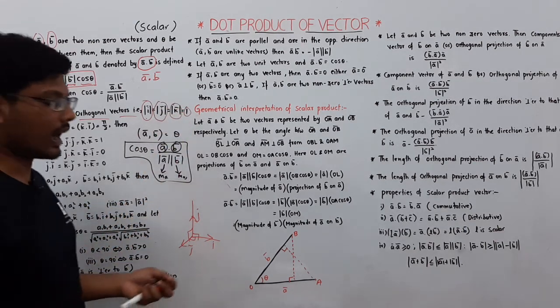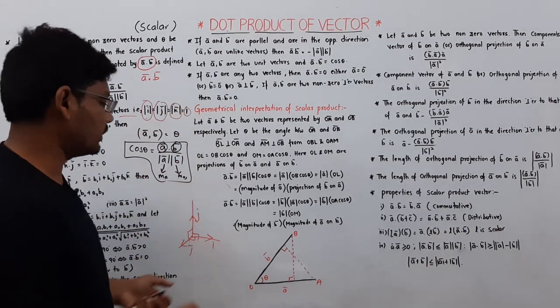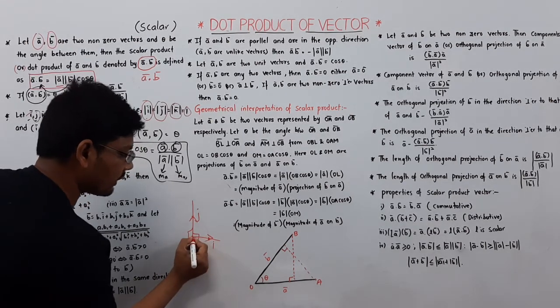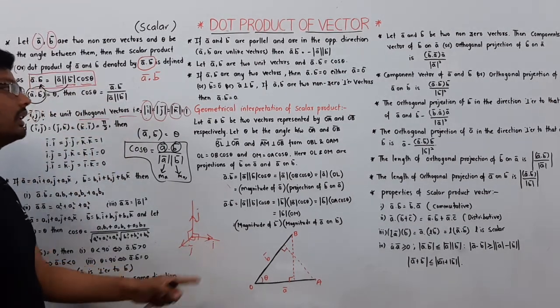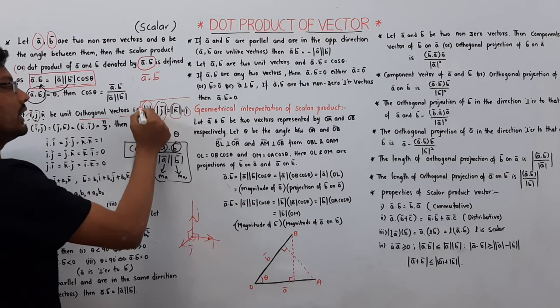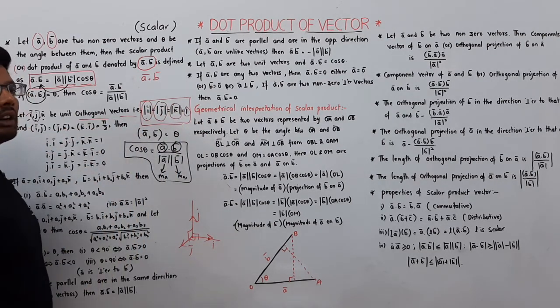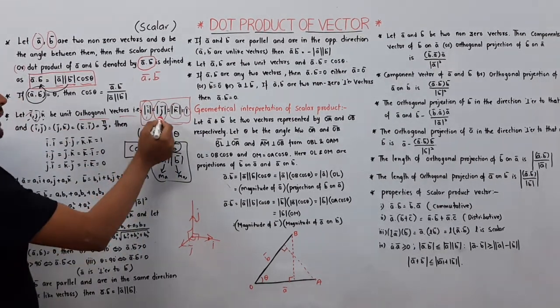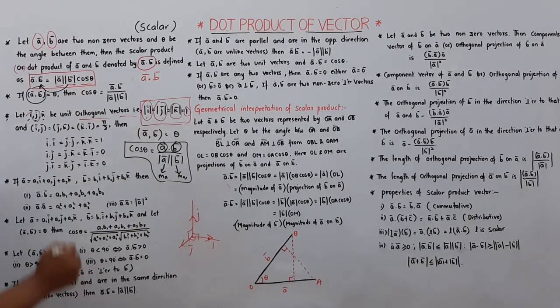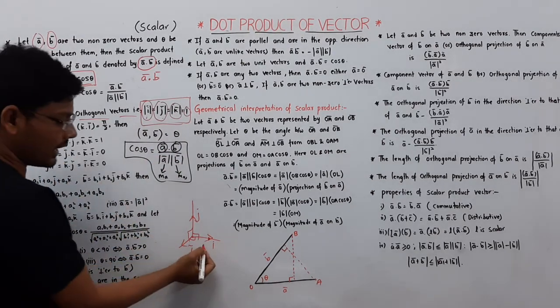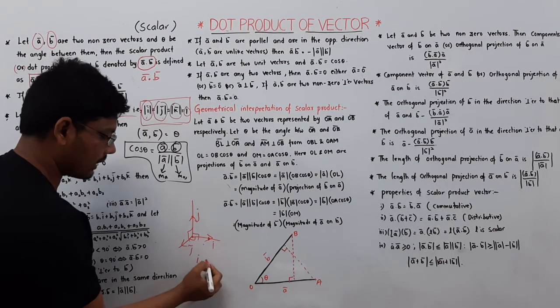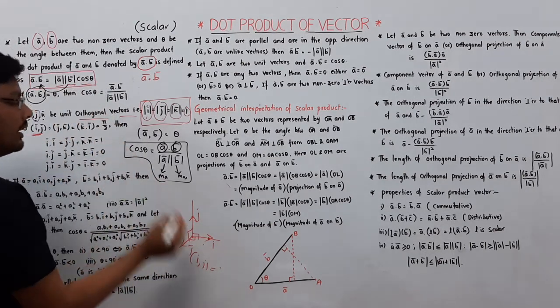Why? Because they are orthogonal unit vectors. The unit is the distance from the origin, which is 1, so the magnitude of these three vectors i bar, j bar, k bar is equal to 1. Now the angle between i bar and j bar is pi by 2.